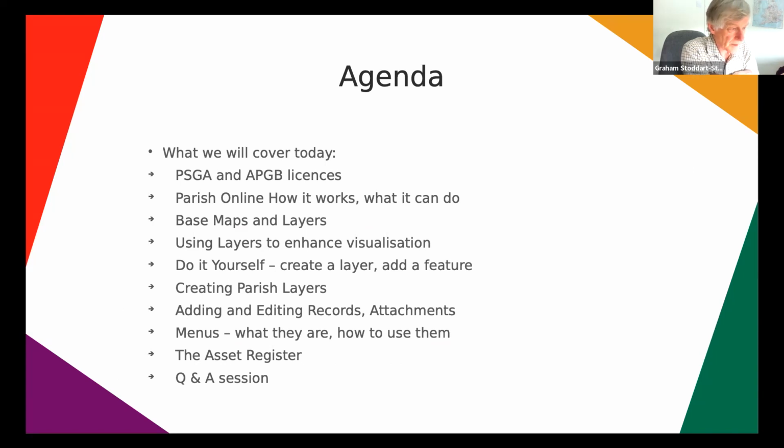And then we get into the fun of doing it ourselves. We'll finish off with just a brief mention of the main menus in the system and the asset register. For those of you who are interested in the asset register, next week's sessions are all about the asset register. And at the end, we have a Q&A session where you ask all the questions and I run away.